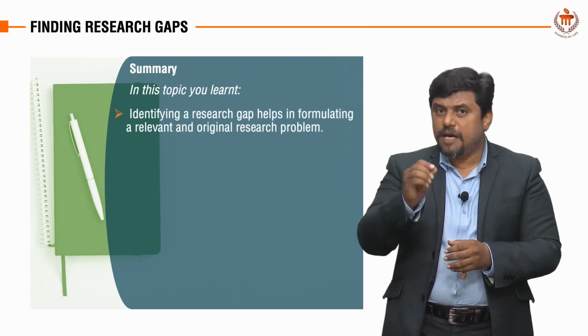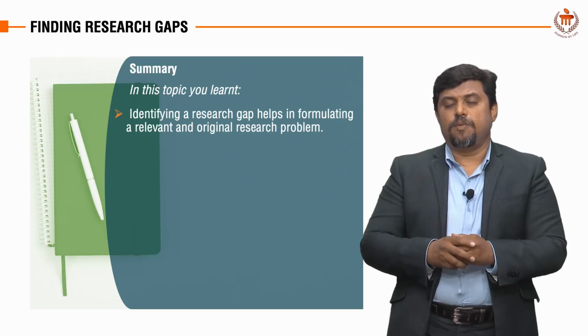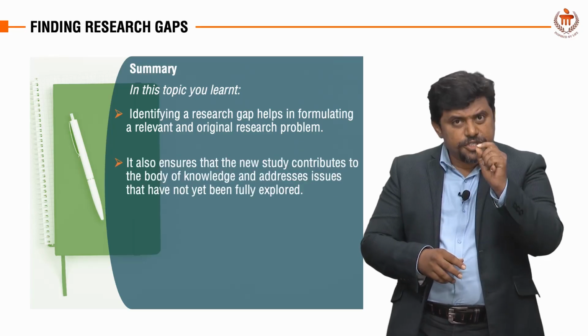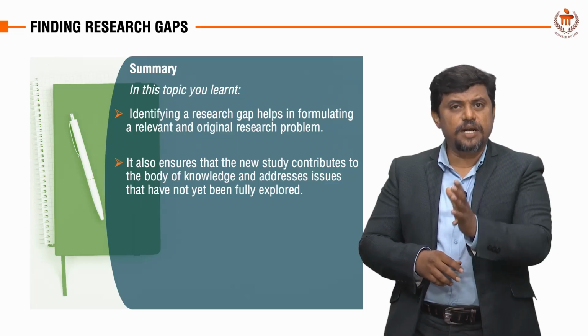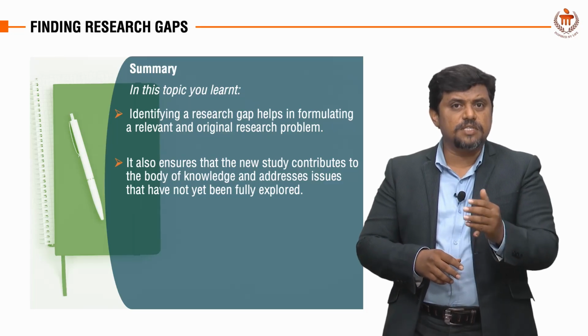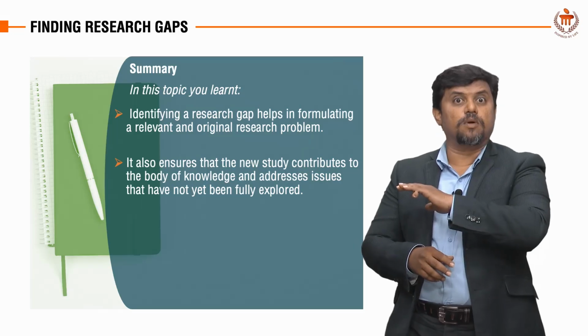Identifying a research gap helps in formulating a relevant and original research problem. It also ensures that the new study contributes to the body of knowledge and addresses issues that have not yet been fully explored.